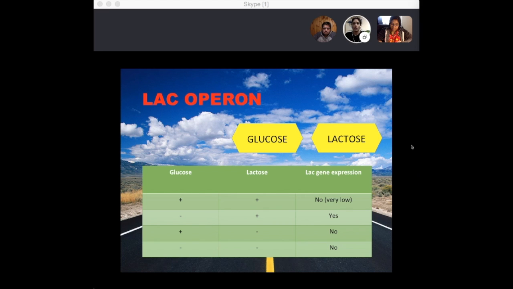So how does a cell know which substrate to use? Because the Lac Operon has available to it glucose and lactose. So in order for it to be energetically efficient, the cell is going to pretty much prefer to use glucose since it's readily available. But if there's no glucose, then it's going to use lactose if available.